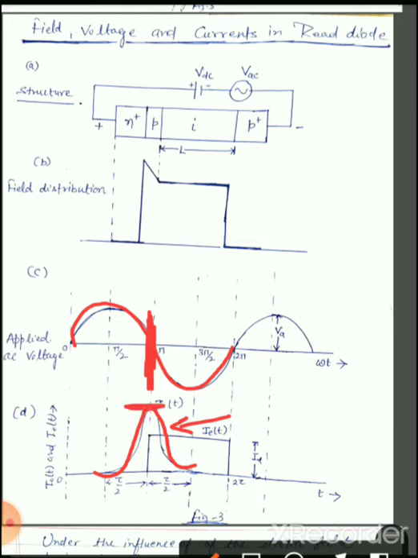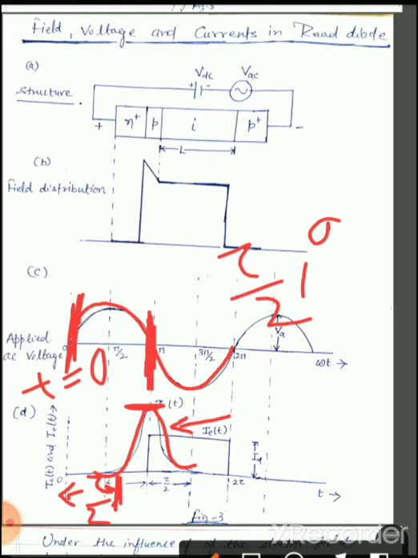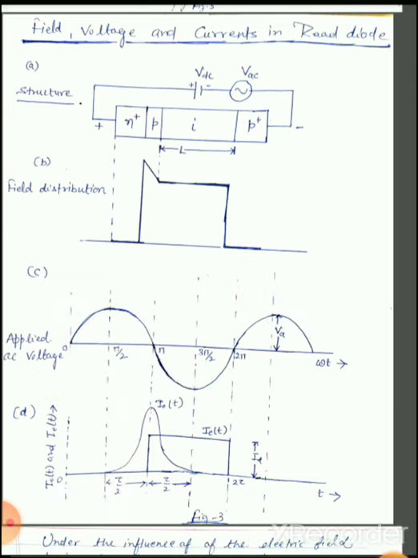We can see that the applied AC voltage starts from time t equals 0, and this current starts after time tau by 2. So this current is delayed by time tau by 2, or by an angle of 90 degrees, relative to the applied AC voltage.